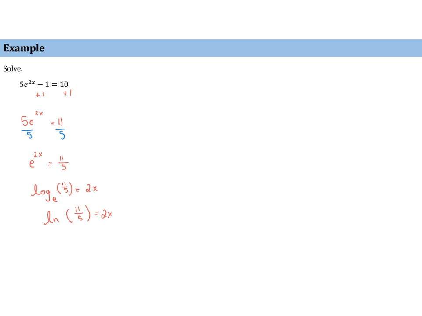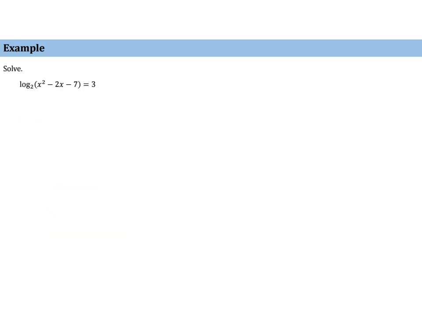Divide both sides by 2. What do we get? We do not divide the 11/5 by 2. So we have 1/2 the natural log of 11/5 equals x. So we take the natural log and multiply by 1/2, or the natural log, and then divide by 2.